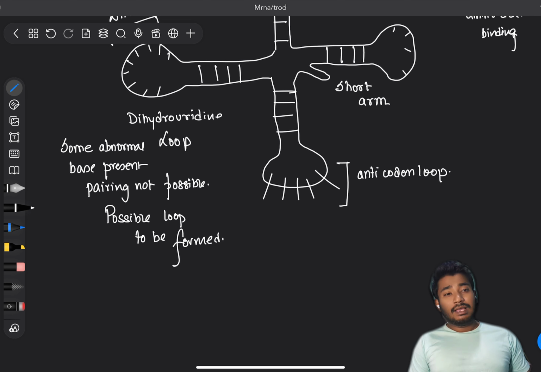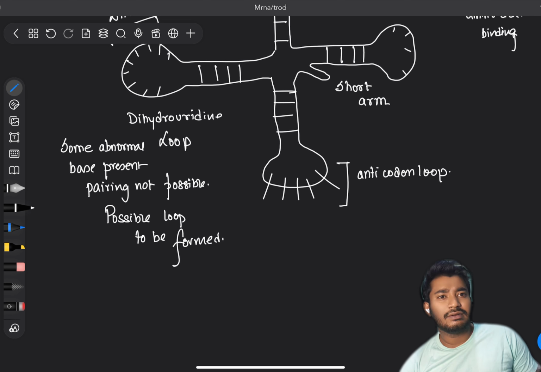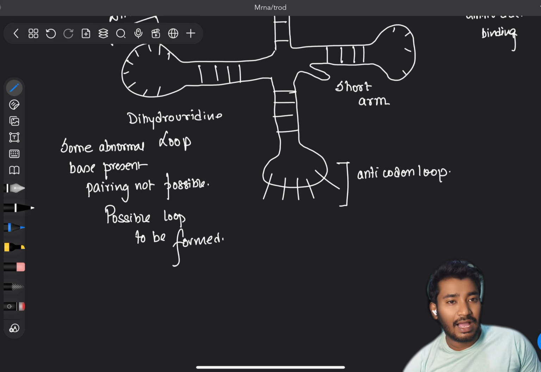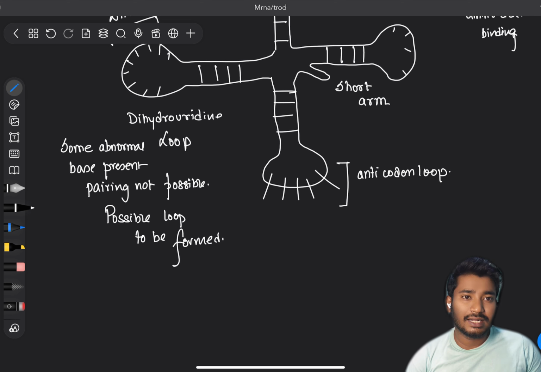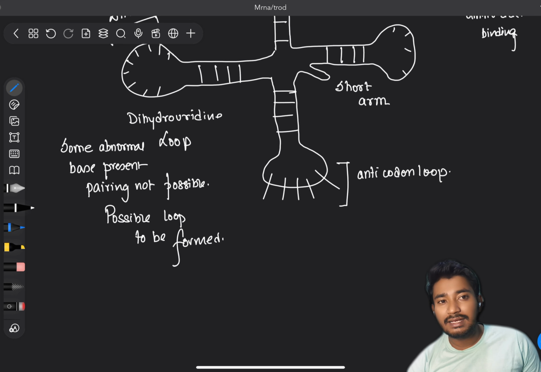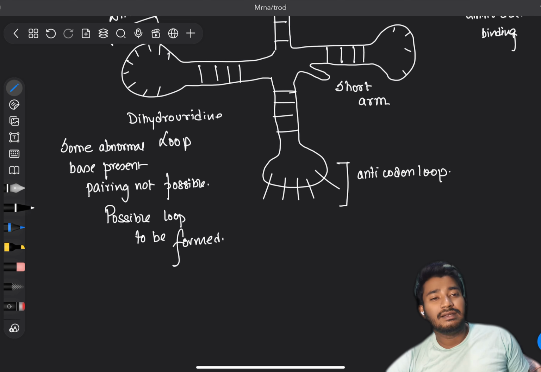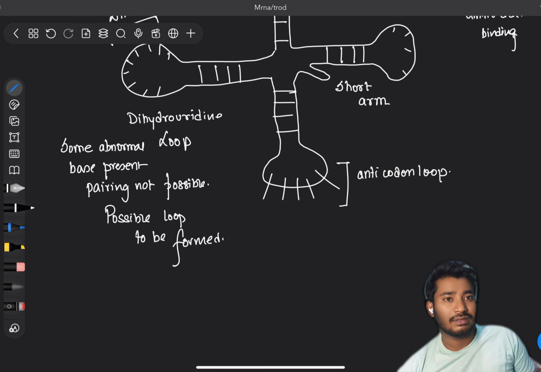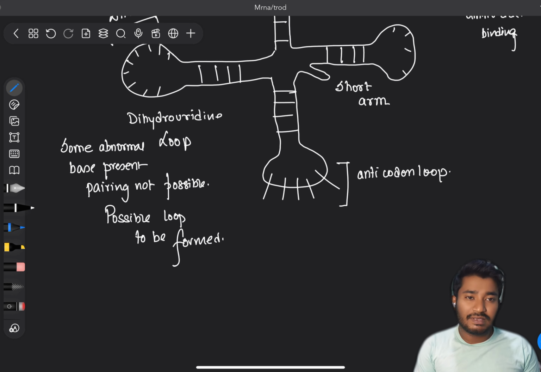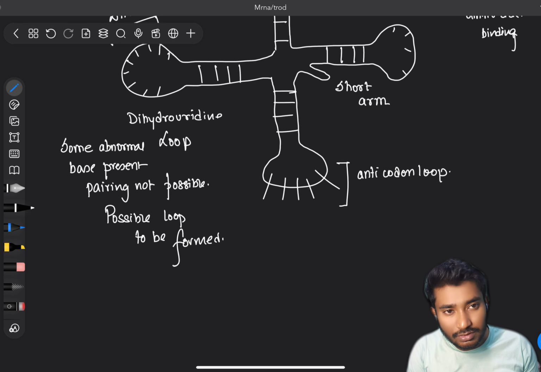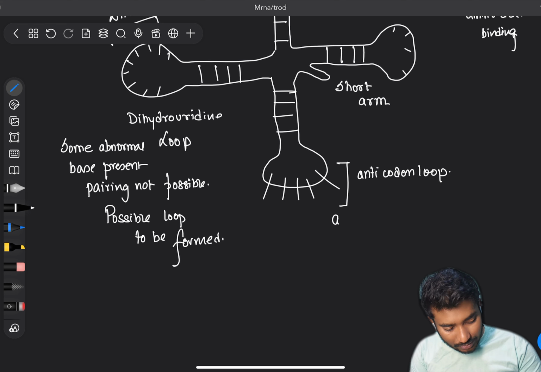In the NEET PG, I have seen a question: which RNA may contain a thymine group? You can say it is the tRNA, because in the T psi loop there is pseudo-uridine as well as ribothymidine, which contains the thymine group. This is the anticodon part.